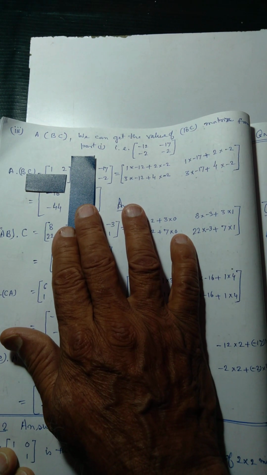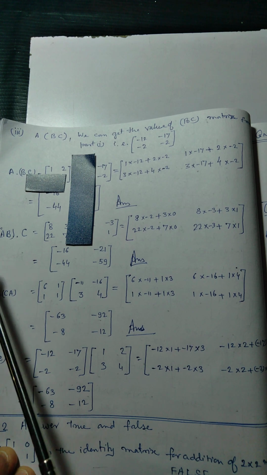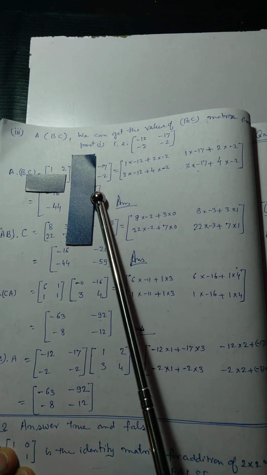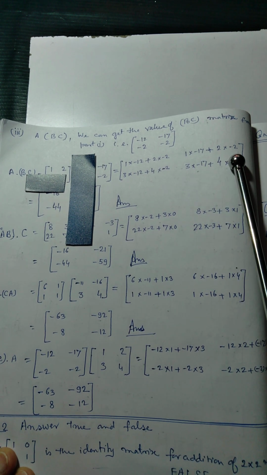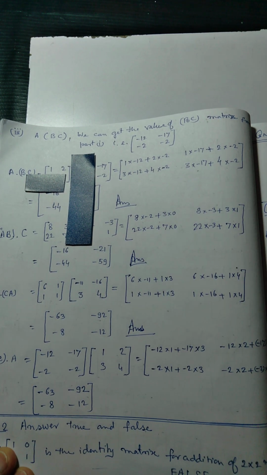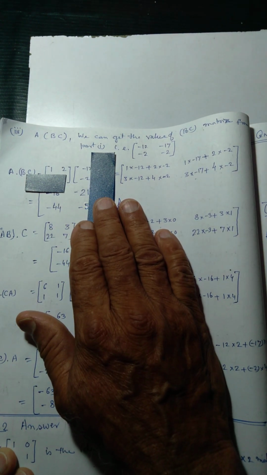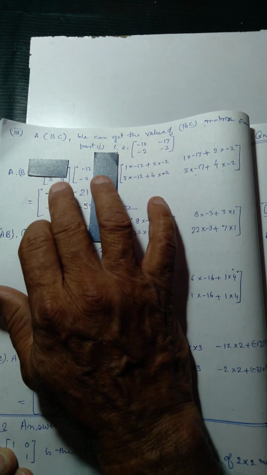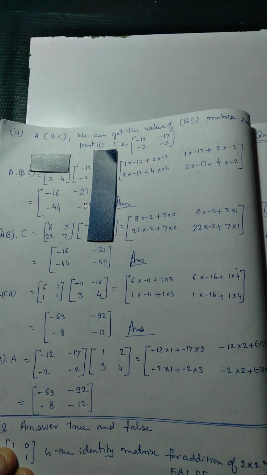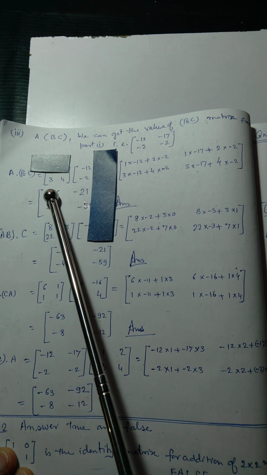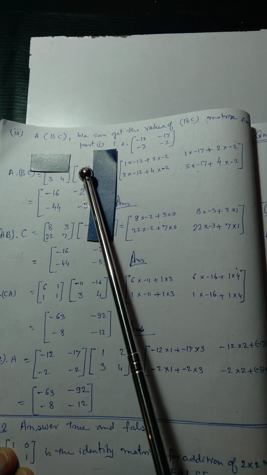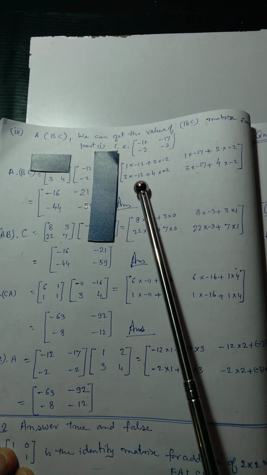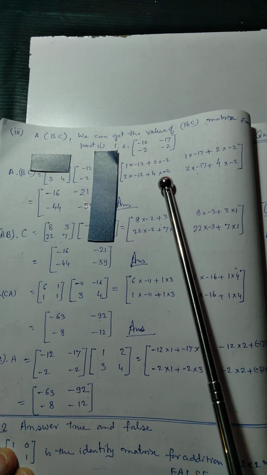Now we will proceed for the second column. You see, 1 into minus 17, 2 into minus 2. Similarly, for the second row, it says the second row is 3, 4. So 3 will be multiplied to minus 12, 4 will be multiplied to minus 2. You see, 3 into minus 12 plus 4 into minus 2.